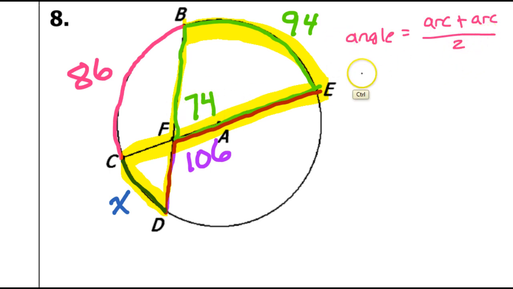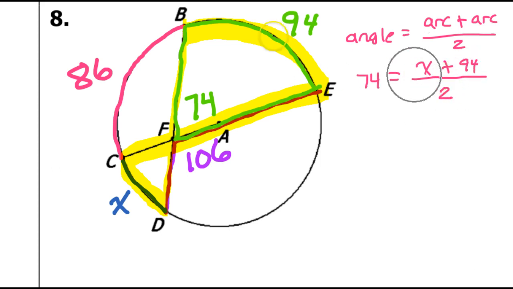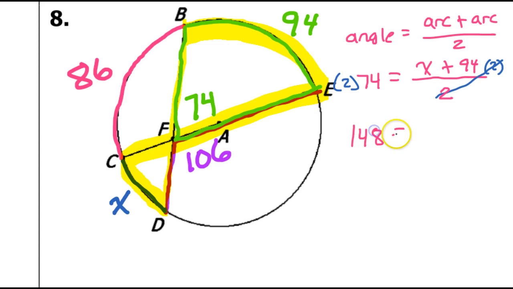The angle is 74, so that's why I'm going to put 74 equals. All right, arc plus arc, so that's x plus 94 divided by 2. So how do I solve an equation like this? I multiply both sides by 2. Multiply by the denominator. That way these 2's are going to cancel each other out. So this is going to give me 148 is equal to x plus 94.